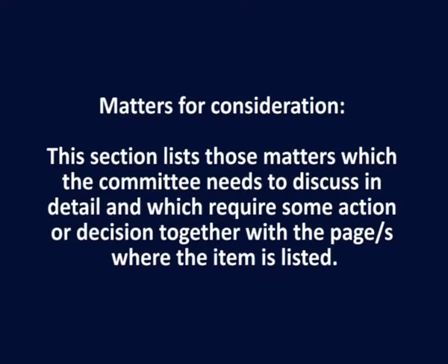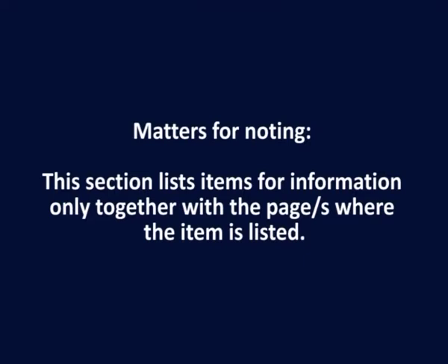Matters for consideration. This section lists those matters which the committee needs to discuss in detail and which require some action or decision, together with the page where the item is listed. Matters for noting.